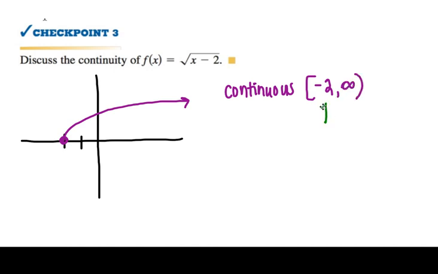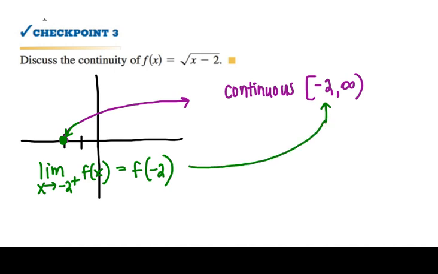And -2 is included because this time our graph is going to the right, so our limit as x approaches -2 from the right is equal to f of -2, which happens to be that point right there. So that's why -2 is included, and we consider this function to be continuous from -2 to infinity.